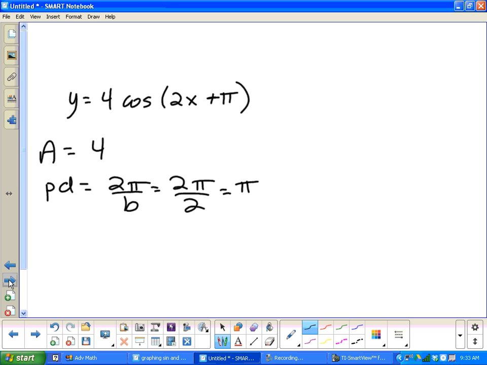Now, how do I know that this is a phase shift and not a vertical shift? The parentheses, all right? Because the plus pi is inside the parentheses, not out. Now, what was the formula for it there? Opposite of C over B. All right, so y'all tell me what would that give me then? Yeah, negative pi over 2.